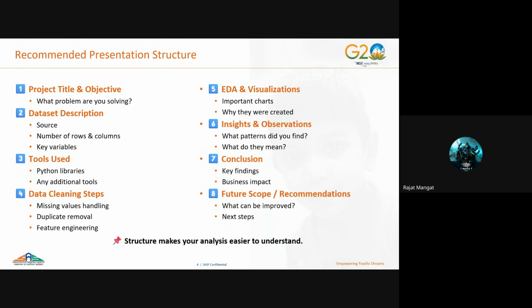So your title and your objective about the problem that you are solving should be at the very top of your report. After that, you have to do your dataset description. You have to tell the source from where you have taken that particular dataset. If you are taking it from Kaggle, then you have to put the link of that website from which you have used the data and describe something about it.